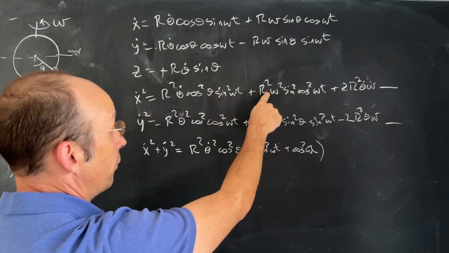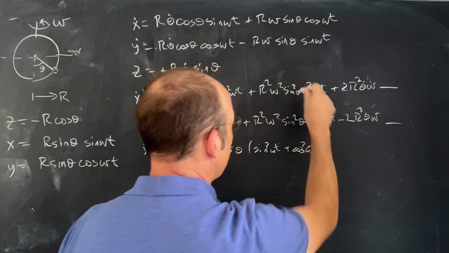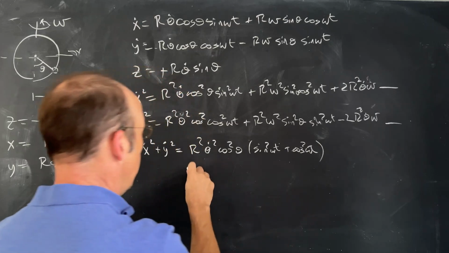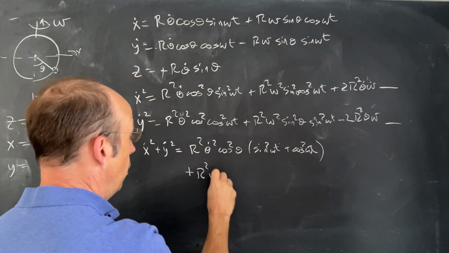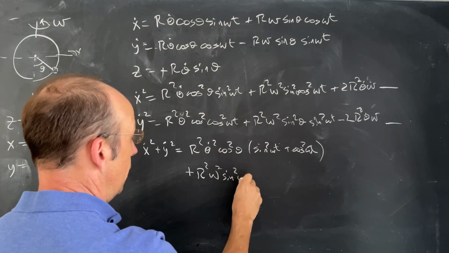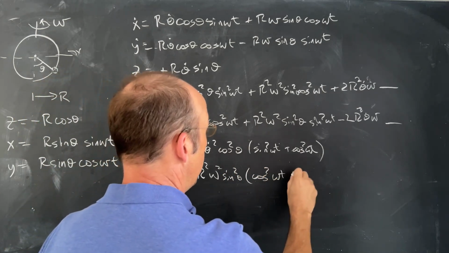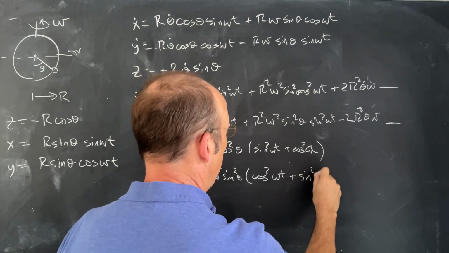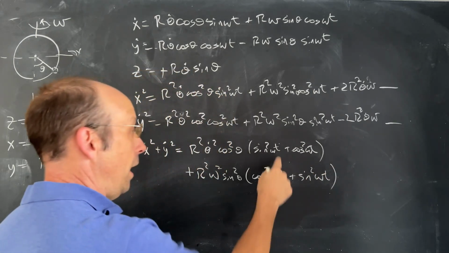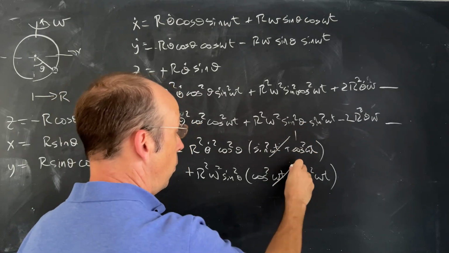This term, I'm going to factor out the r squared omega squared sine squared theta, and then I have cosine squared omega t plus sine squared omega t. So here we have that term, sine squared plus cosine squared, 1.